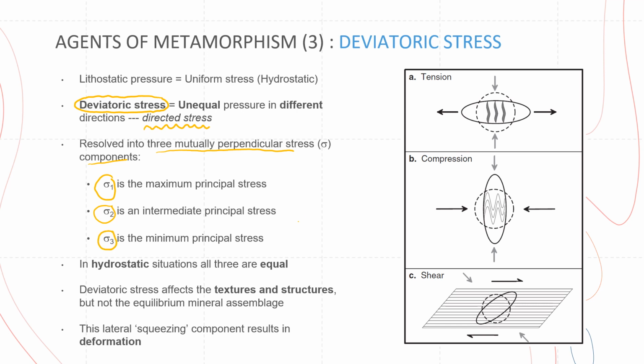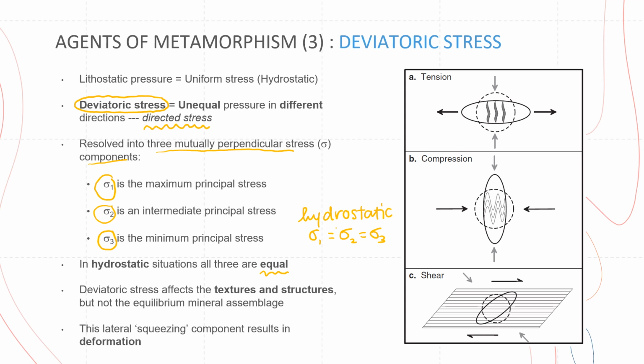If it was a hydrostatic situation, sigma 1, sigma 2, and sigma 3 would be equal. But with deviatoric stress, you will find that these would not be equal. So maybe sigma 1 would be bigger than sigma 2.